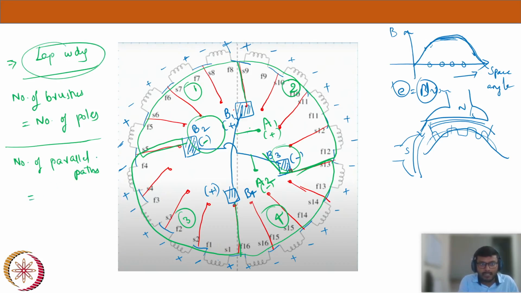Number of parallel paths, let's say we denote it by A, is equal to, again, number of poles. So this is a very important relation. Important means, while you solve any numerical problems, this particular thing is very important, like to know how many poles will be there, how many parallel paths will be there inside A.